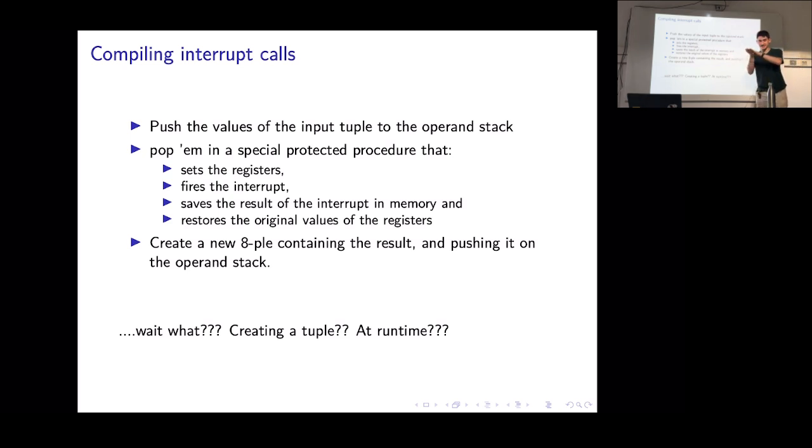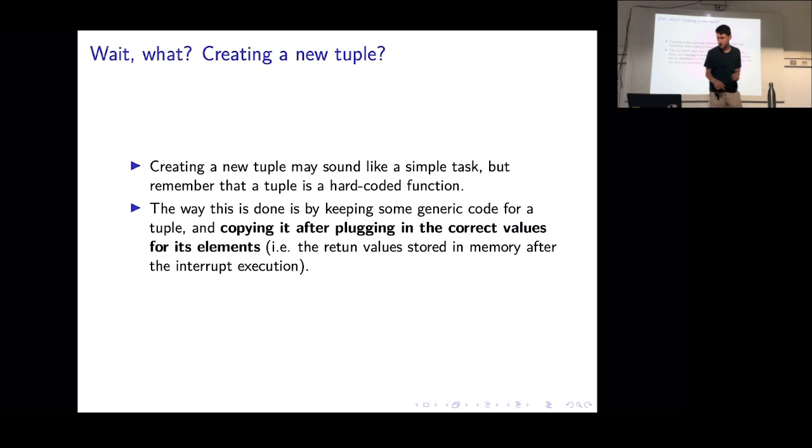And the surprising thing is that tuples are a static thing, and we need to create one at runtime. So the way we do it is a bit weird. We keep a template of a tuple of length 8, an 8-tuple, and we do live coding basically.